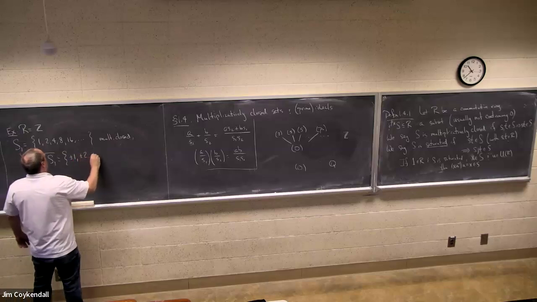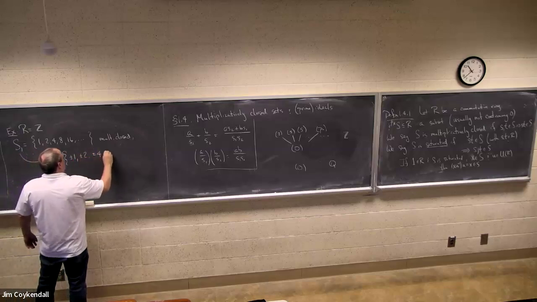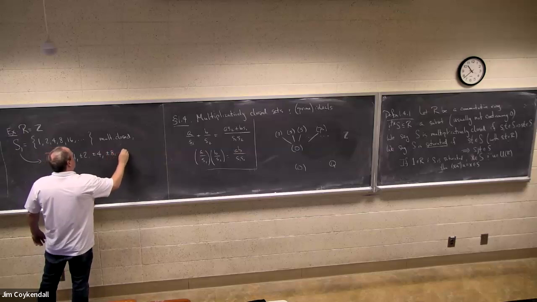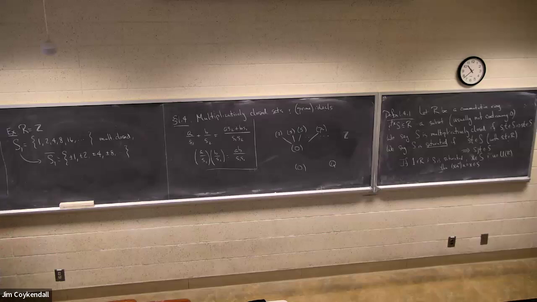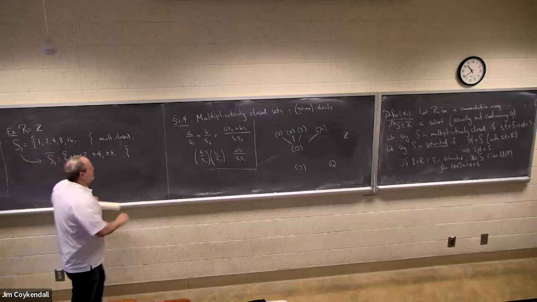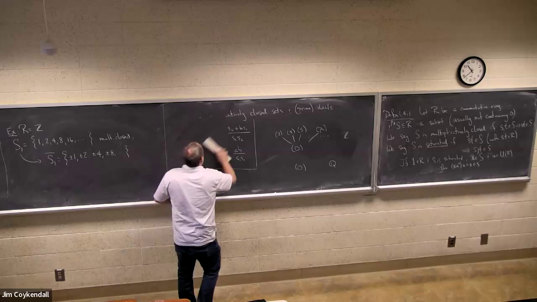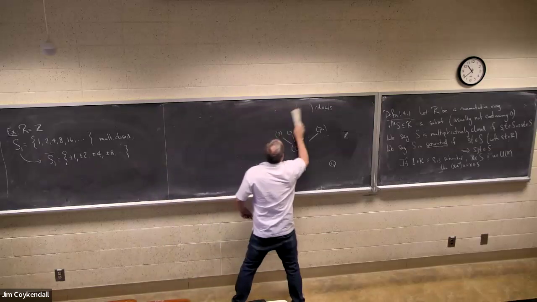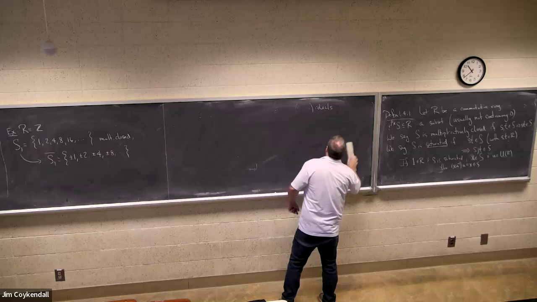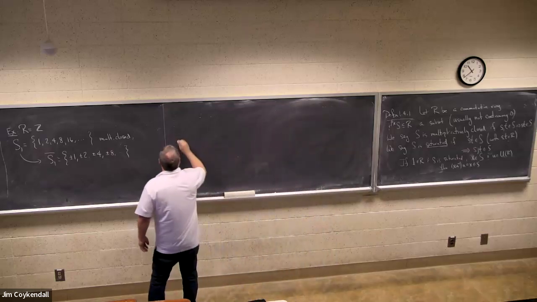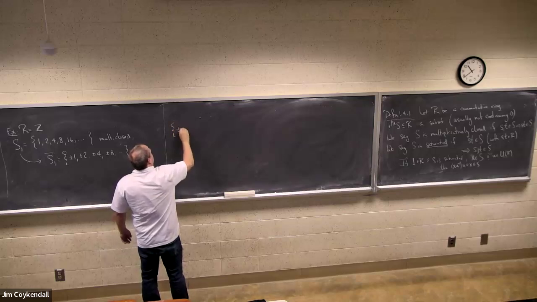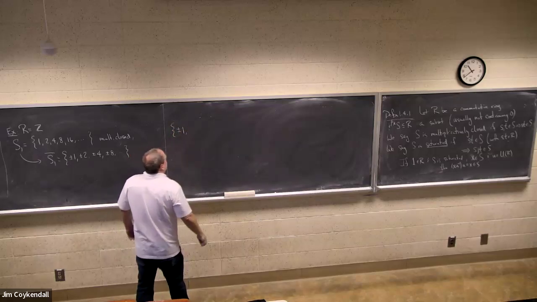I would call it the saturation of S. It will be the smallest saturated set that contains the original multiplicative set. Here's another one. Let's see if you can check out the pattern here.